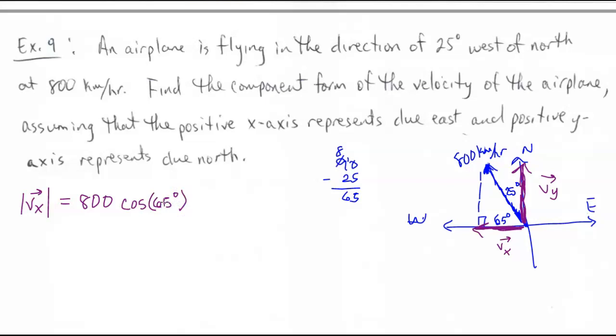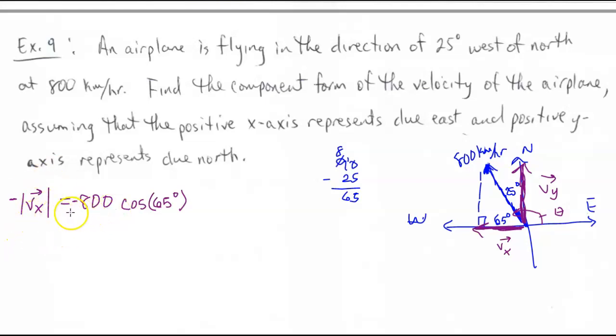Now, another thing I need to note is that since our vector, which also doubles as the terminal side of the directional angle, is in quadrant 2, we know that this result is going to be negative. So here I can put a negative, because I know, again, in quadrant 2, the x coordinates for a point, and thus the direction in which this particular vector is going, is going to be negative.